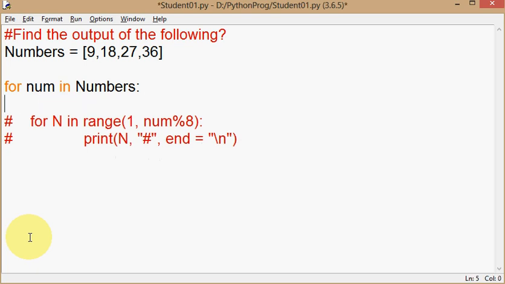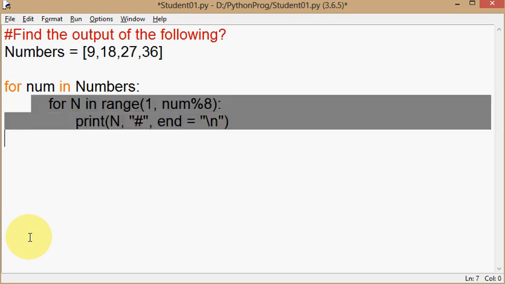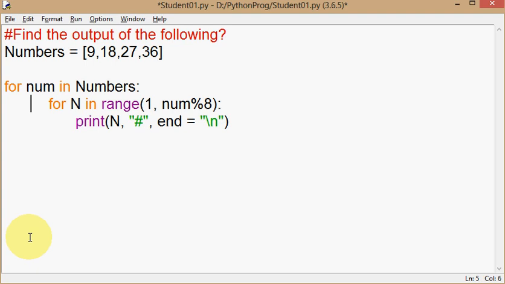Again I am going to execute this one. I am removing the comment, and when the value of num is 9, these two lines will be executed. When the value of num is 18, these two lines will be executed. For 27, these two lines will be executed, and for 36, these two lines will be executed.